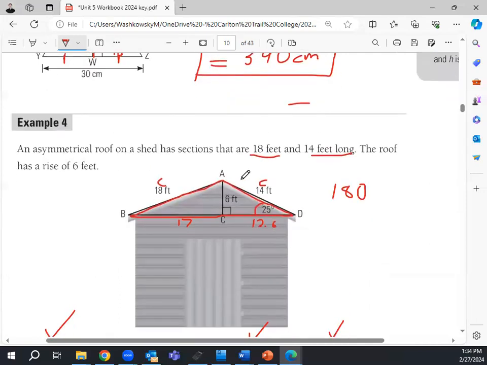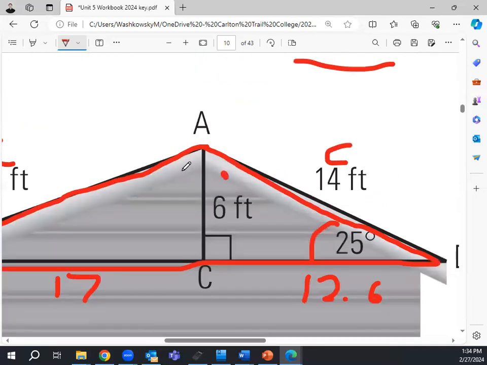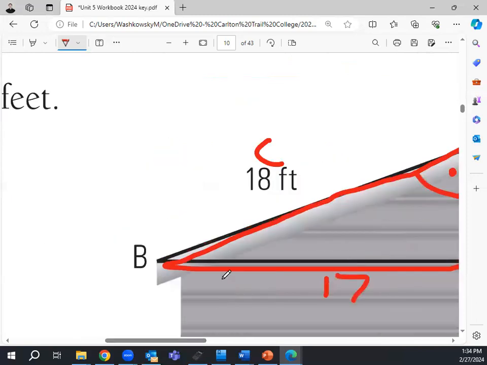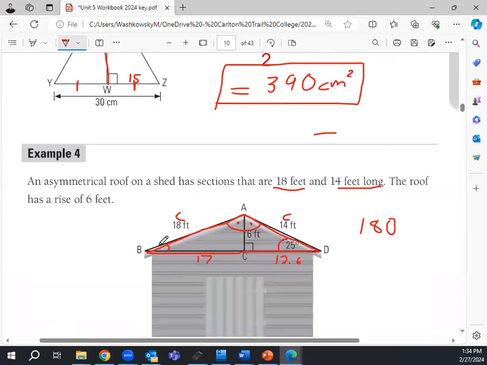Remember that trigonometry stuff? It only works if I'm using right angles, which would mean I would need to find this one and this one to figure out angle A. But I can just find angle B by itself. So angle B is going to be the easier one to figure out here, right?